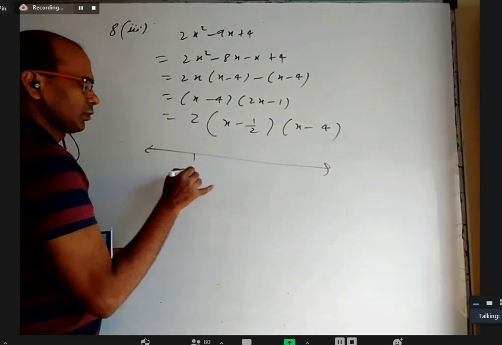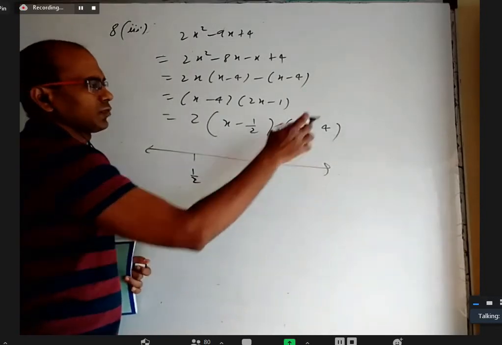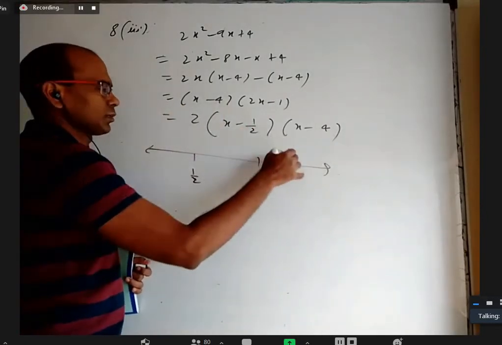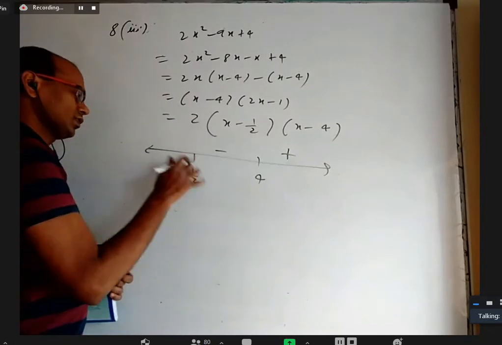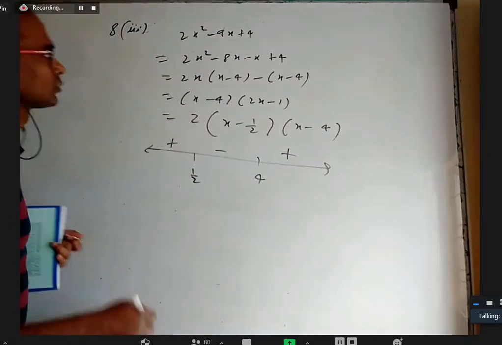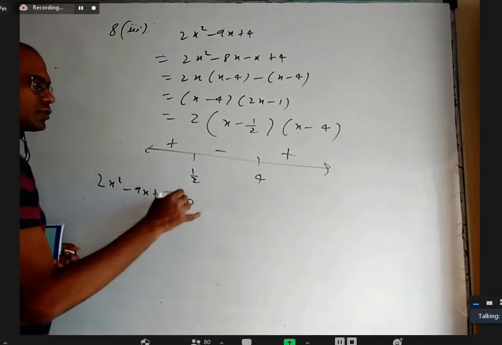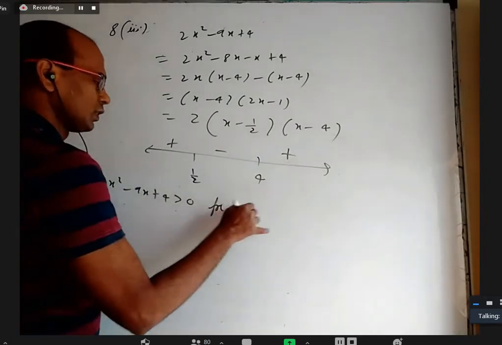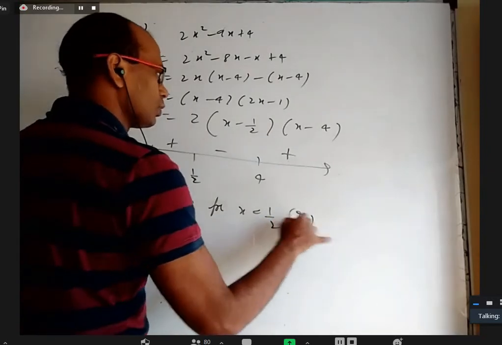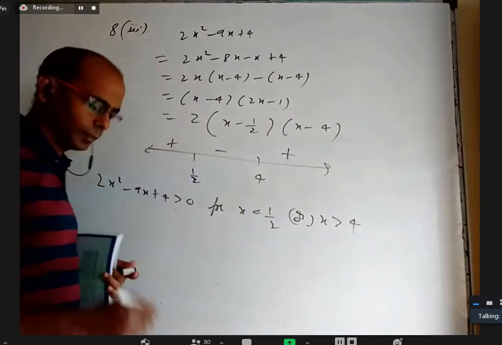Now if we take 1 by 2 and 4, anything more than 4, the whole thing is positive. Between these, negative, and before 1 by 2 it is positive. So 2x square minus 9x plus 4 is greater than 0 for x less than 1 by 2 or x greater than 4.